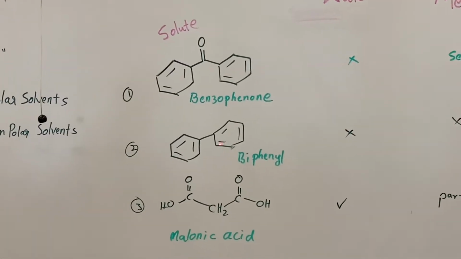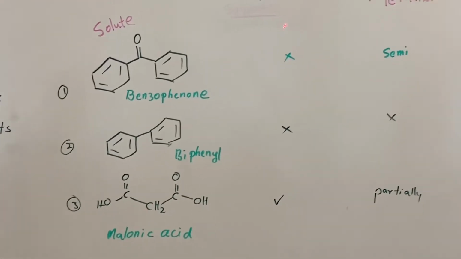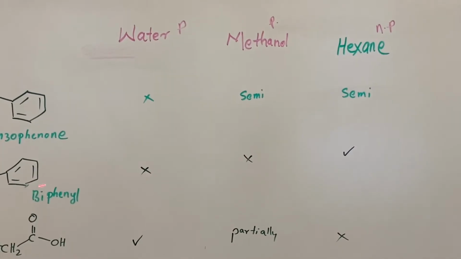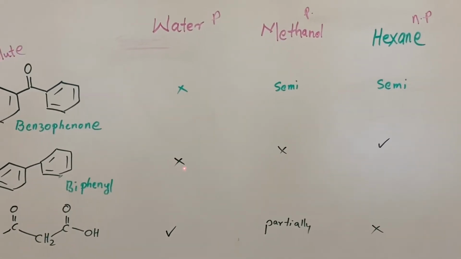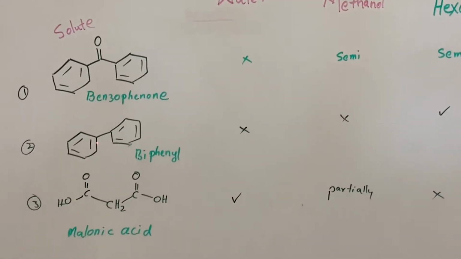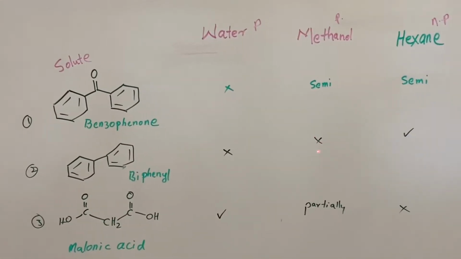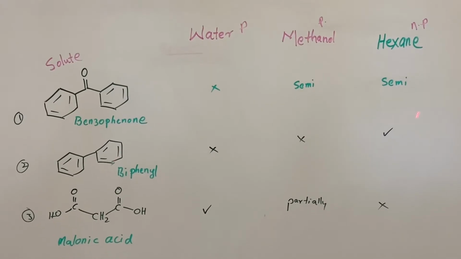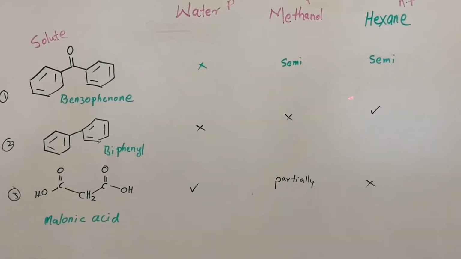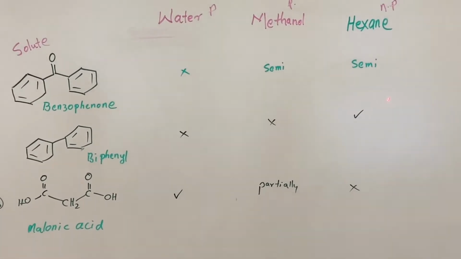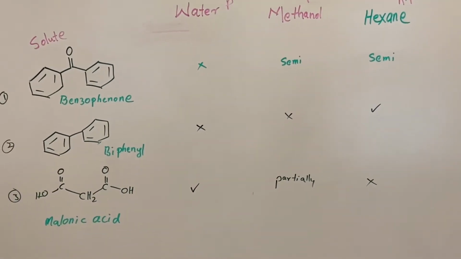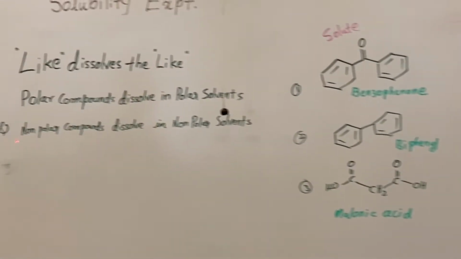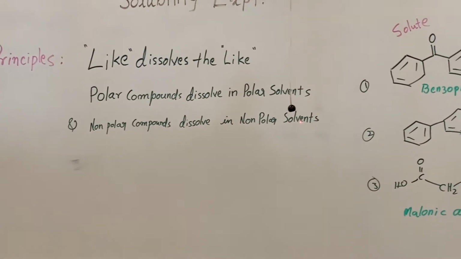Our expectation is that biphenyl should not dissolve in water because water is polar and biphenyl is non-polar. So no, it won't dissolve. Biphenyl may dissolve a little bit, but not much, in methanol because it's polar and non-polar. Biphenyl is supposed to dissolve in hexane because it's non-polar and non-polar.